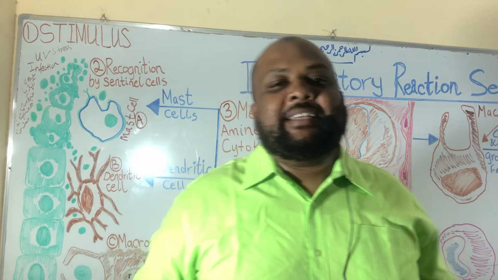The stimulus could very well be trauma, infection, or ultraviolet radiation, and the damage caused by the injurious stimuli could actually be detected mechanically by receptors on the surfaces of sentinel cells such as mast cells.